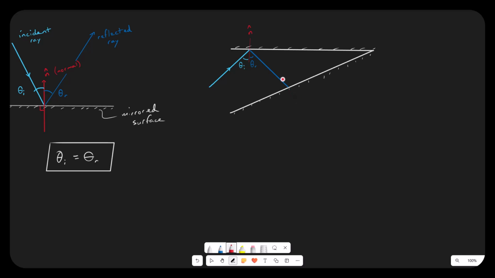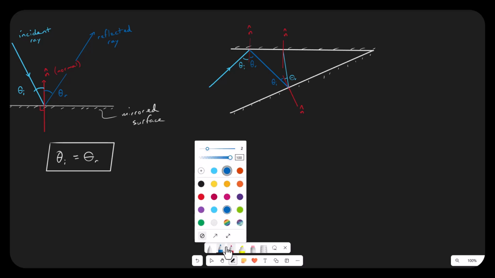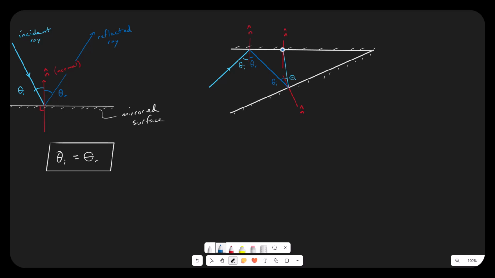I've got a new normal vector. That looks like this. I've got an incident ray here, an incident angle here, and that's going to reflect. Something like that. So then that one strikes my surface here, a new normal, a new reflected ray.